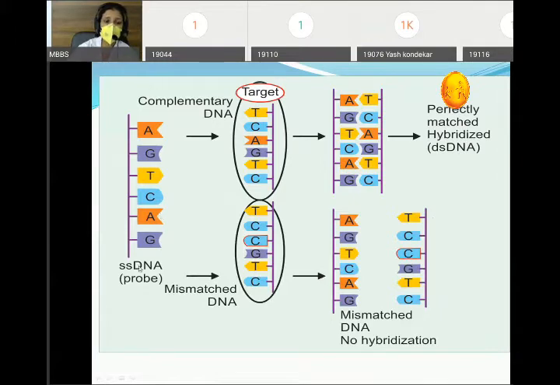The complementary base pairs will get attached to the single-stranded DNA, while mismatched DNA will not get attached. So this is the perfectly matched hybridized double-stranded DNA. If the base pairing of the probe is not matched, it will not match with the DNA, and there will not be hybridization.